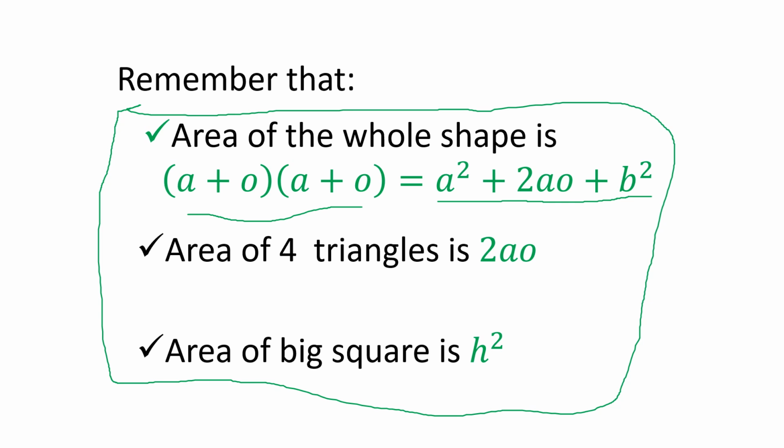Now, area of four triangles is this. Area of big square is this. Now, we can jump to the next step.